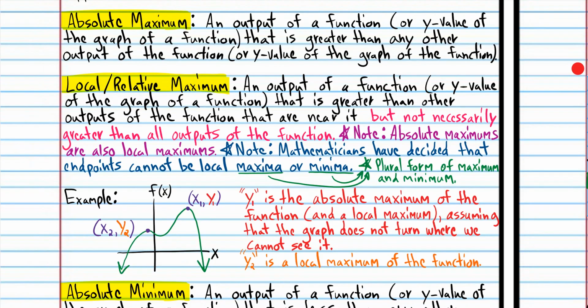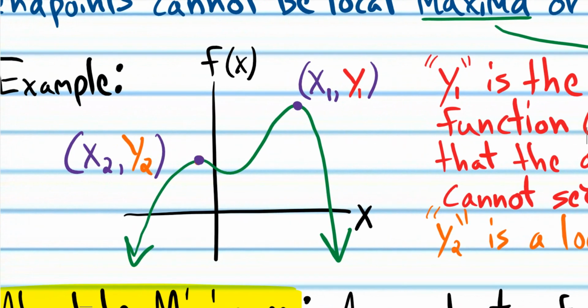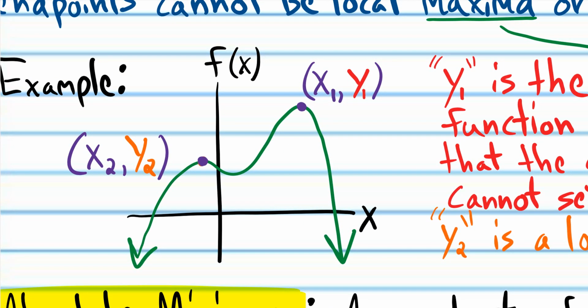Now, it's important to understand that an absolute maximum can also be referred to as a local maximum. So you see this y value here, that's the absolute maximum of the function. But it can also be called a local maximum because obviously this point has a y value that's bigger than the y values of the points around it.